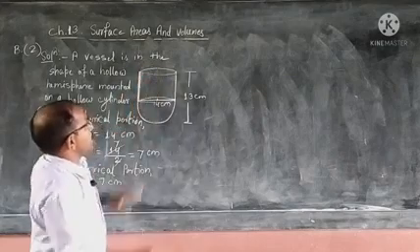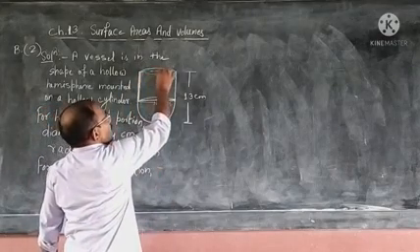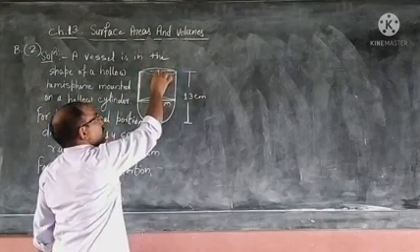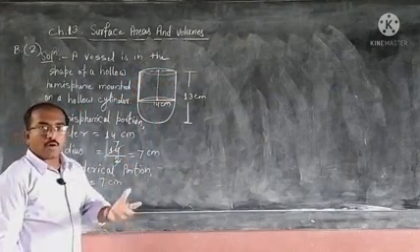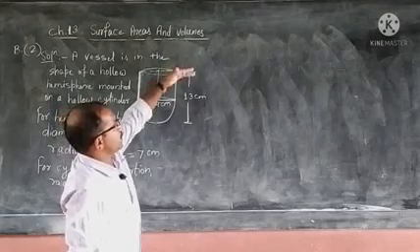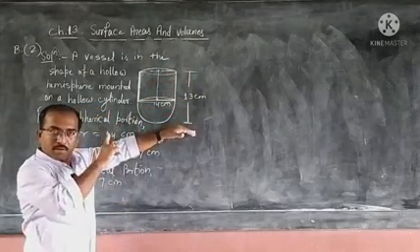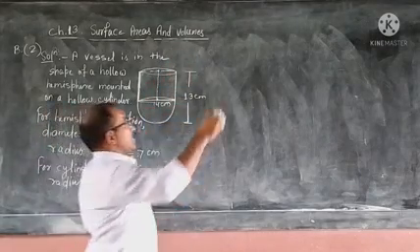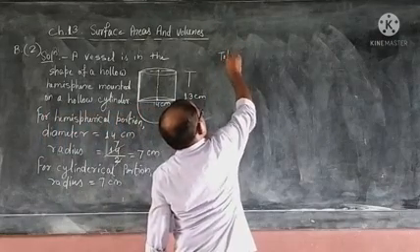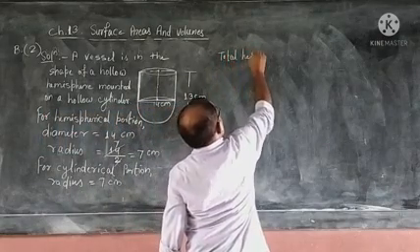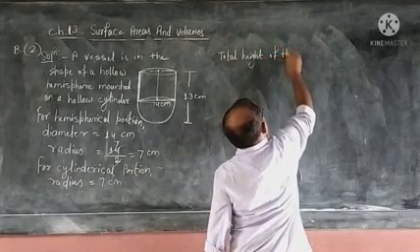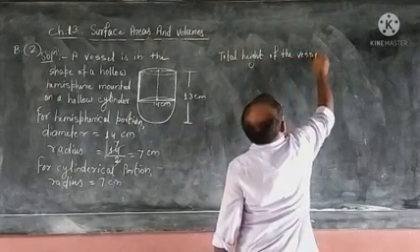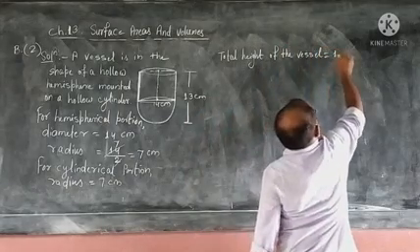So, the height of the cylinder will be, look at this figure, from here to here, this will be the height of the cylinder. How will we know? It is mentioned the total height of the vessel is 13 centimeter. It will be helpful in finding the height of the cylindrical portion.